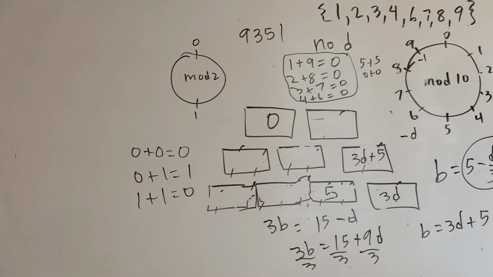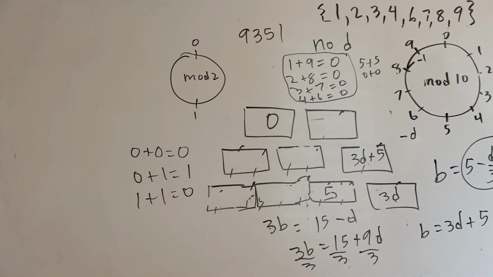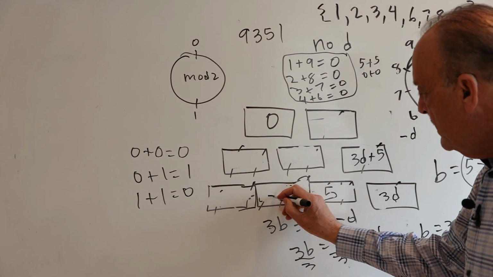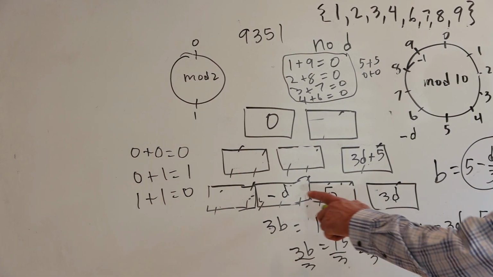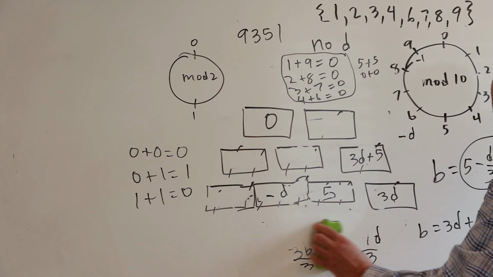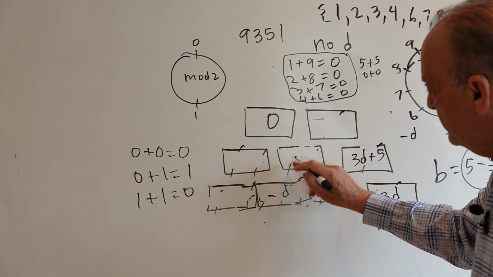And when I did the example and we used no 7, it turns out negative d, which was 3, turned out to be right there. So let's try that again. Let's try putting negative d right there. Negative d has to go somewhere, and it can't go here or here. So let's just try it there, see what happens. So this would be negative d plus 5.